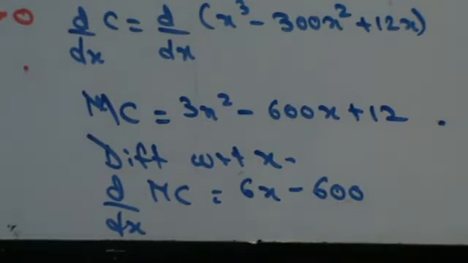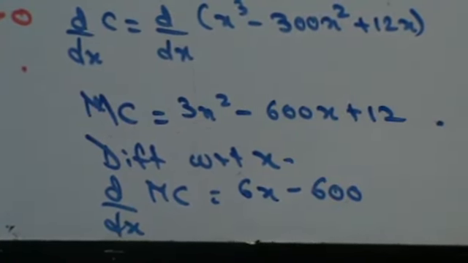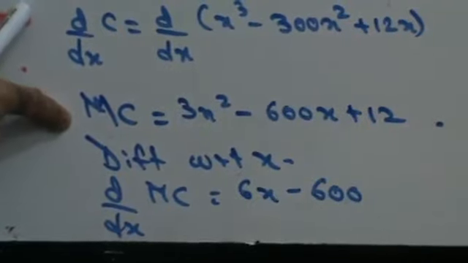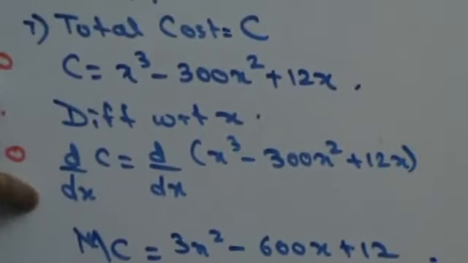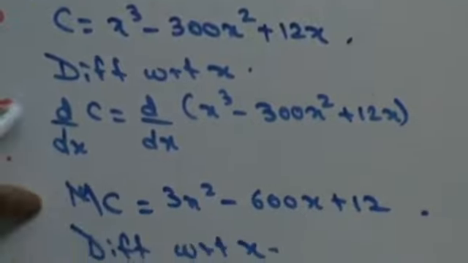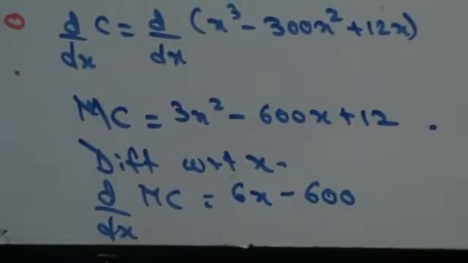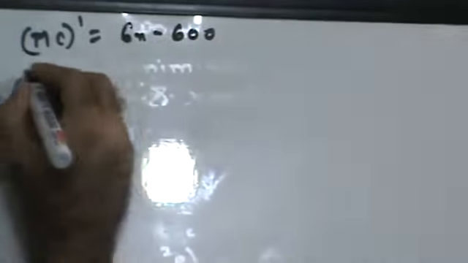This is your first order derivative of marginal cost. Change in cost with respect to units is marginal cost. Now I'm differentiating this, so the first order derivative of marginal cost is 6x minus 600.